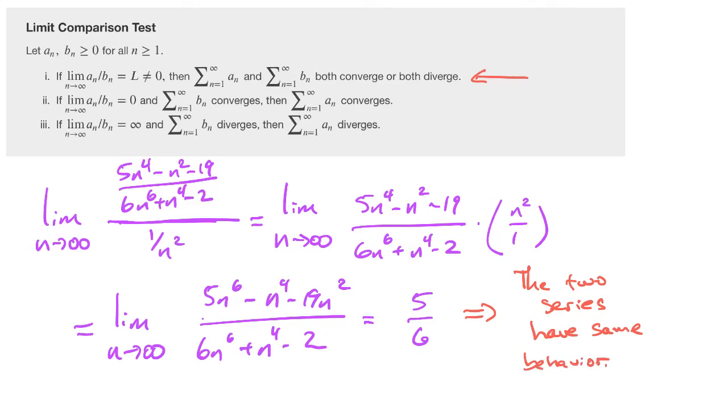And in particular, since our known series, 1 over n^2, is a convergent p-series, our conclusion is that the given series converges.